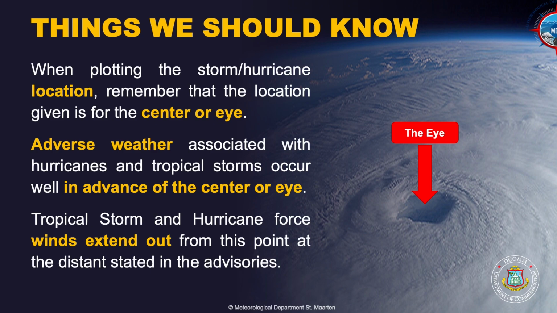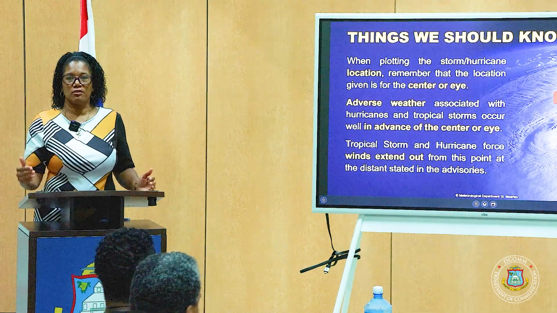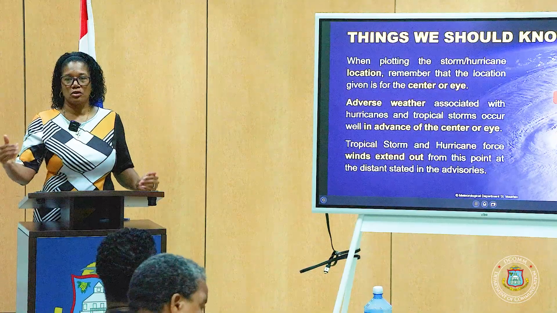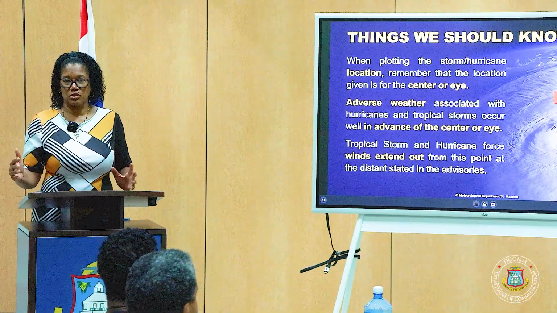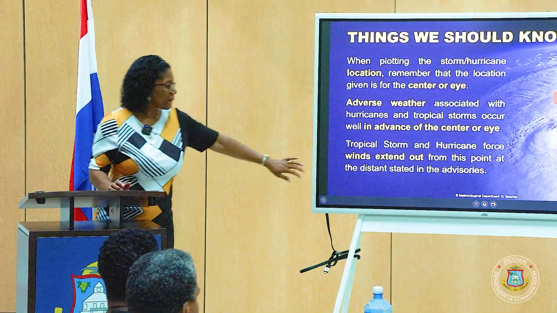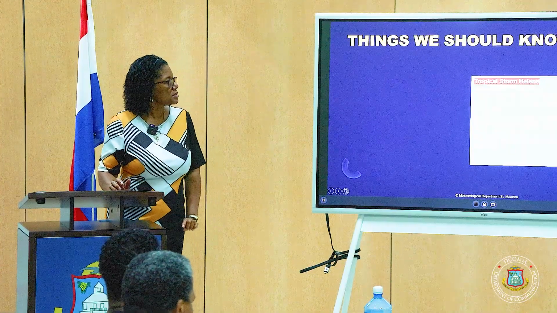Yeah. And you'll hear tropical storm force winds or hurricane force winds extend a certain amount from the center. It will tell you how far out from the center that you have hurricane force winds, how far out from the center that you have storm force winds, okay? So you have to listen to these things.